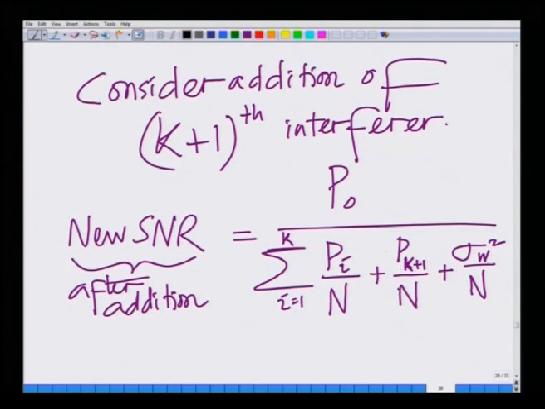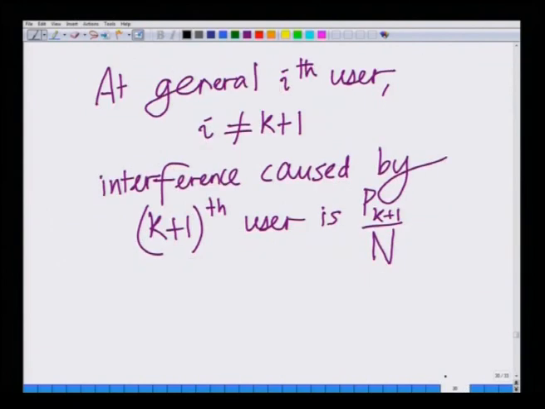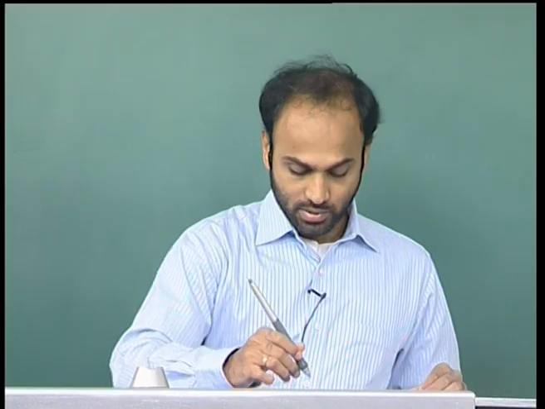That is, out of the total power of P k plus 1, only a fraction, that is 1 over n of this P k plus 1, is affecting user 0. Hence, the k plus 1th user causes an interference of P k plus 1 over n at user 0. Now, let us continue this thought with today's lecture.